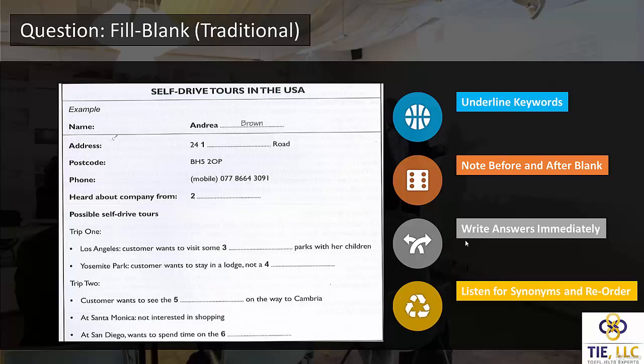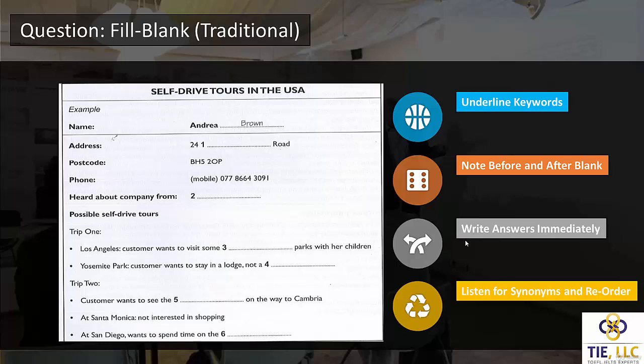You have to, of course, underline the keywords that are before the blank line or after the blank line. That's very important. You have to underline those keywords because those keywords are going to point you to the answer choice.